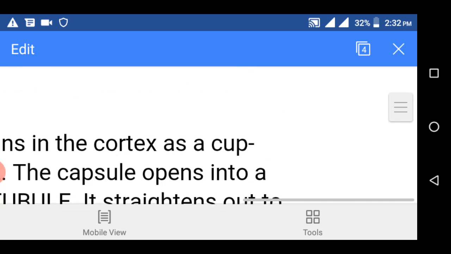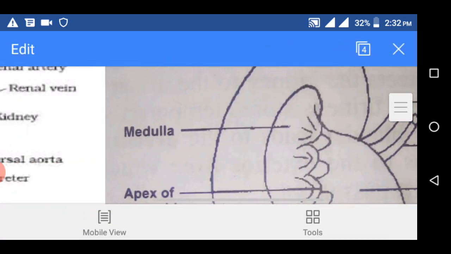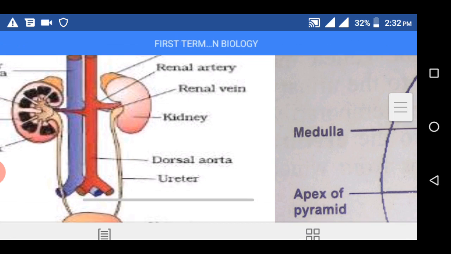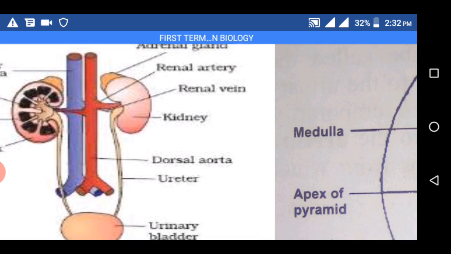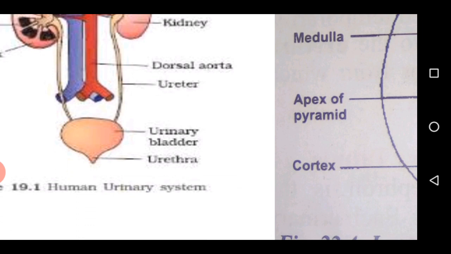I want to show you this under the diagram. The urine is already formed, and it comes out through the urethra.